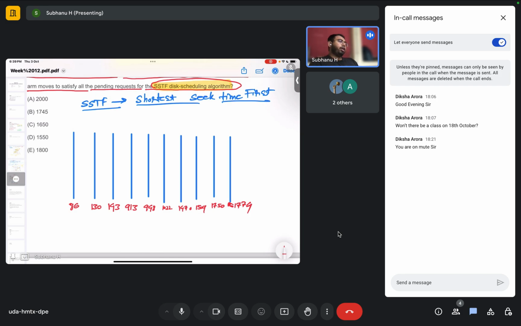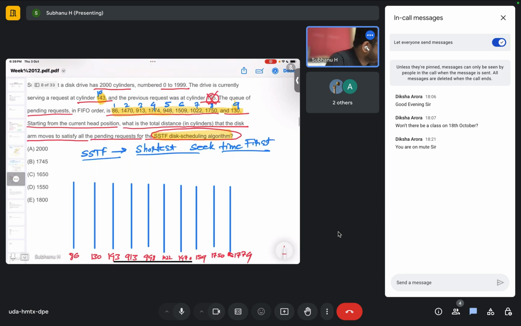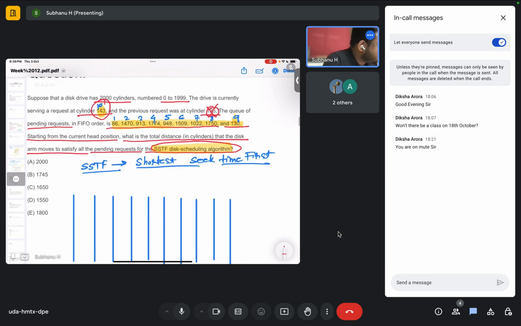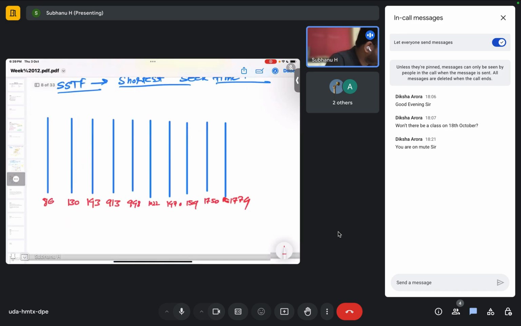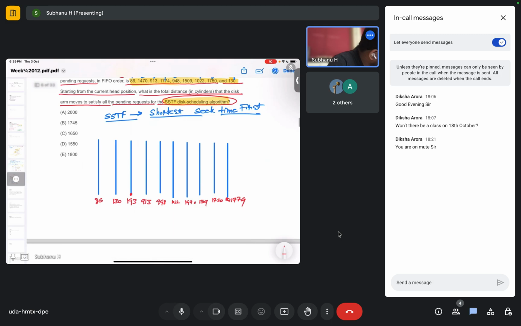From where will I be starting? I'll be starting from cylinder 143. From here, where will I go? I'll go to 130 only, because 913 is too far away.